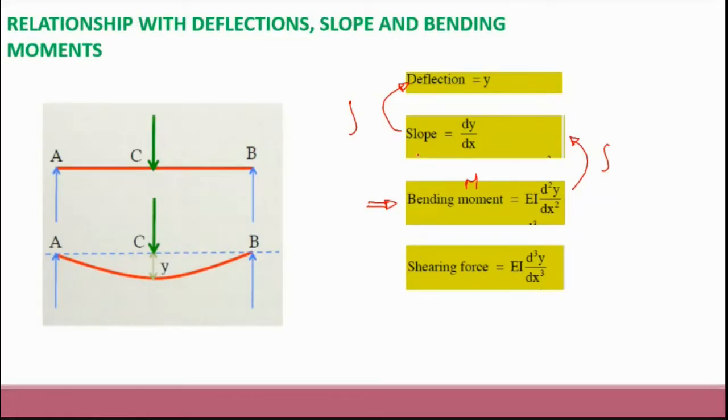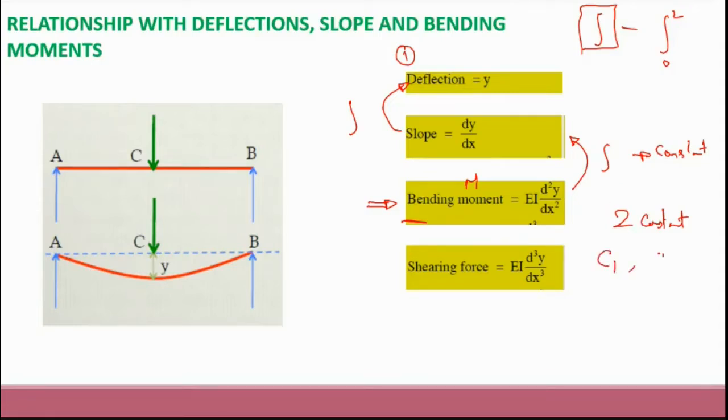So you are doing two integrations, and you will get two constants. For example, let me consider you have C1 and C2. My aim is to identify the value of C1 and C2.